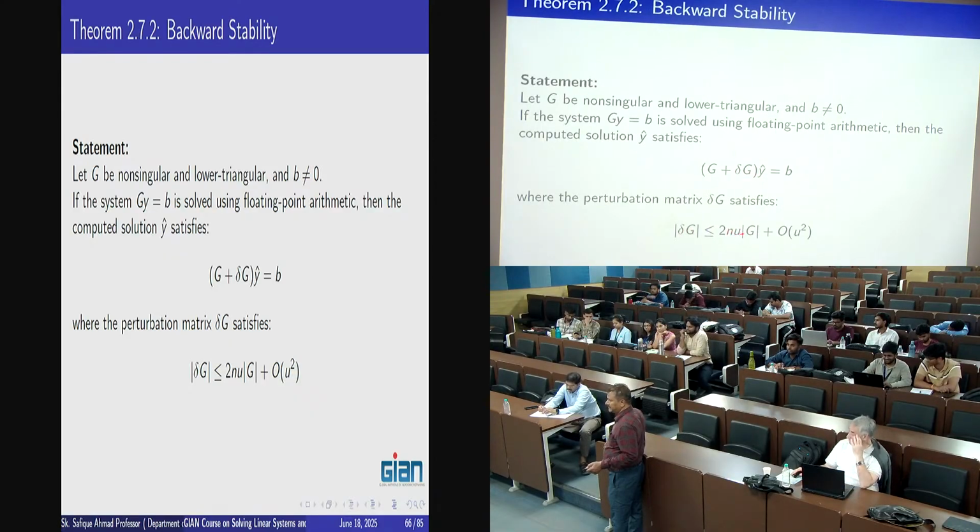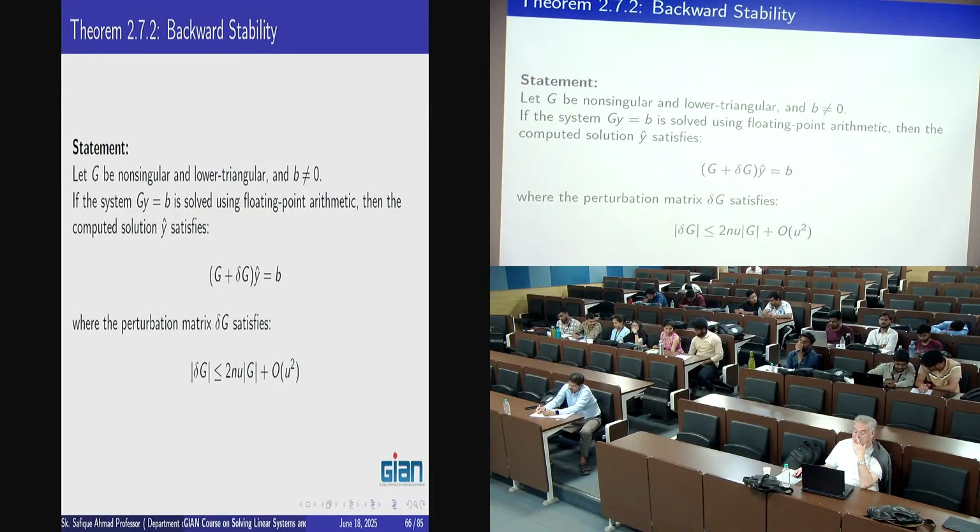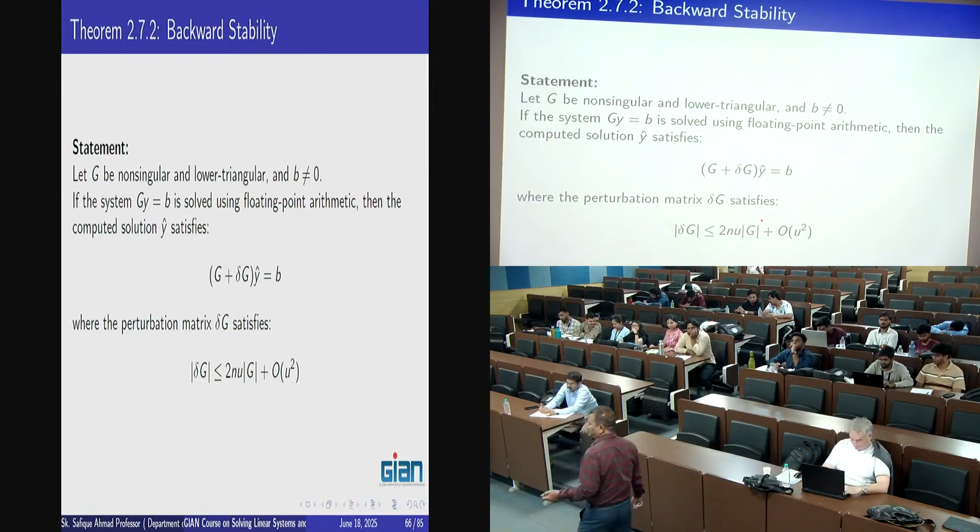Delta G is less than or equal to 2nu, where u is the unit round-off error, and |G| is the modulus of each entry. It means |delta G ij| is less than 2nu |G ij| for each entry, plus order of u squared.